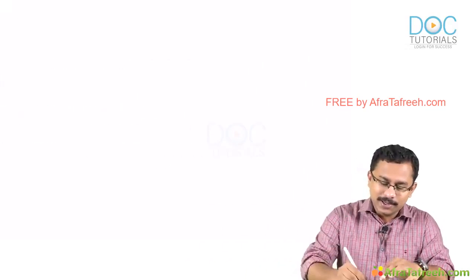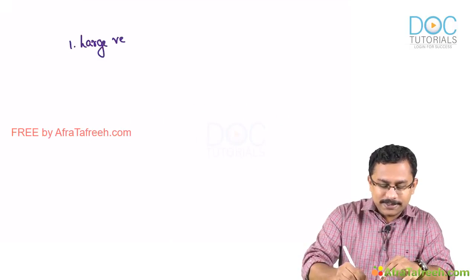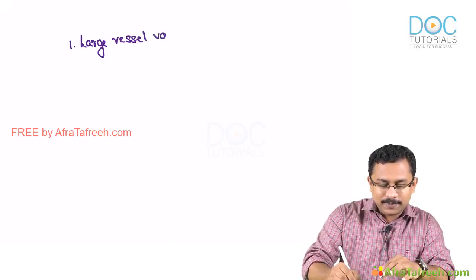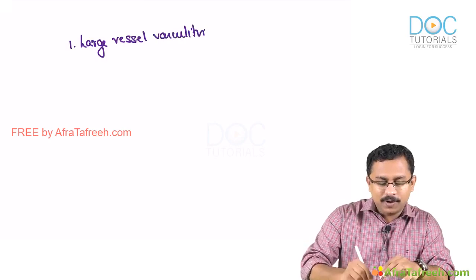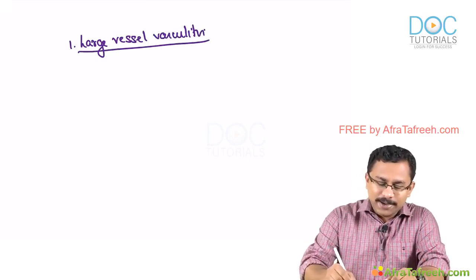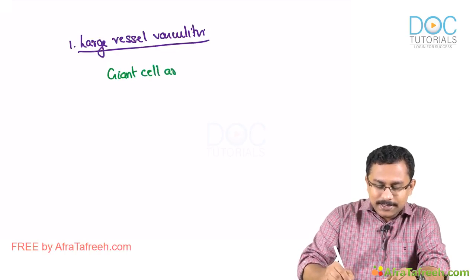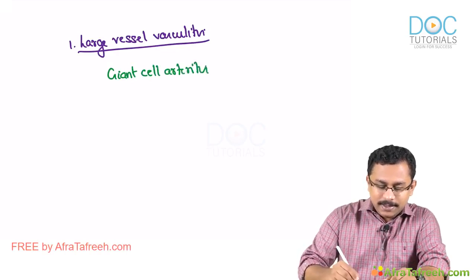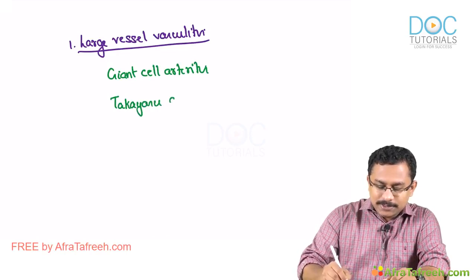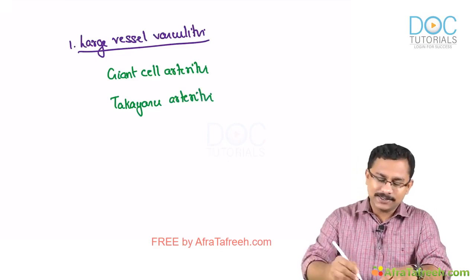Okay, so one was the large vessel vasculitis, which means inflammation involving the aorta and its branches. The classical example of large vessel vasculitis was the giant cell arteritis, as well as Takayasu arteritis. So giant cell arteritis and Takayasu arteritis are the large vessel vasculitis.